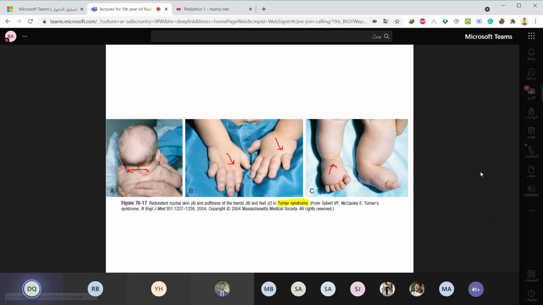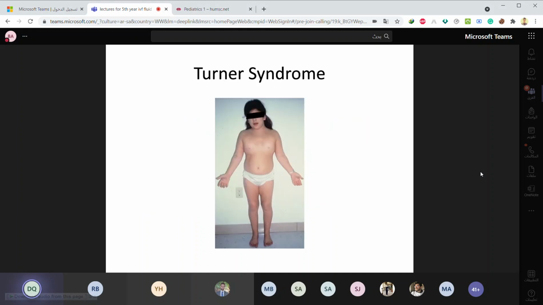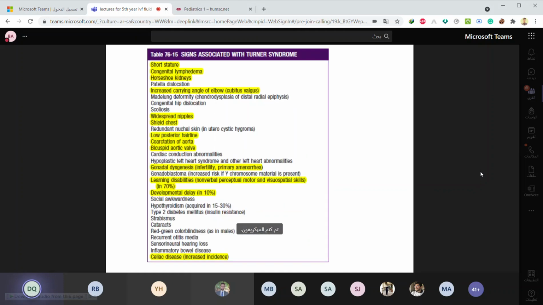In Turner syndrome, there are certain characteristic features to know, but we can detect it mainly by karyotyping. Turner syndrome patients are usually short, with wide nipples, low hairline, and associated with heart problems and other anomalies.